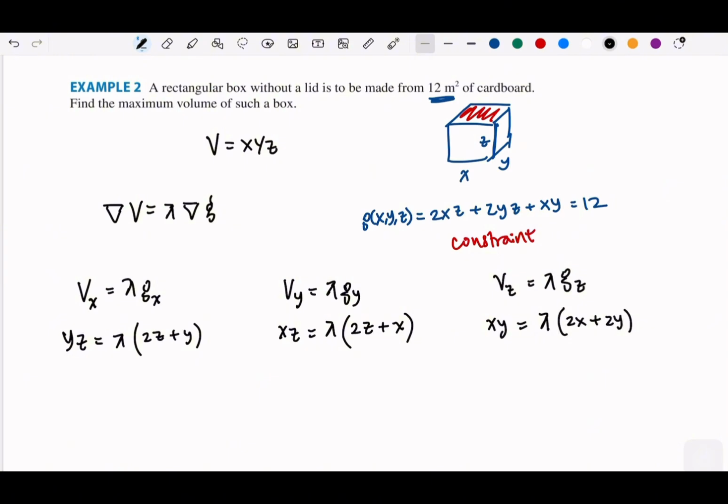There are many ways to solve this, but if we look at this part here, each of them, if we multiply this with x, this with y, and this with z, we are going to get the xyz formulations, right?